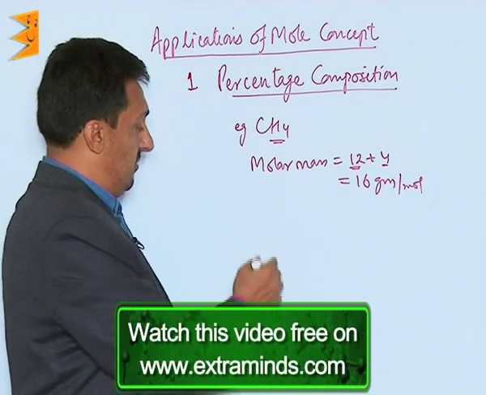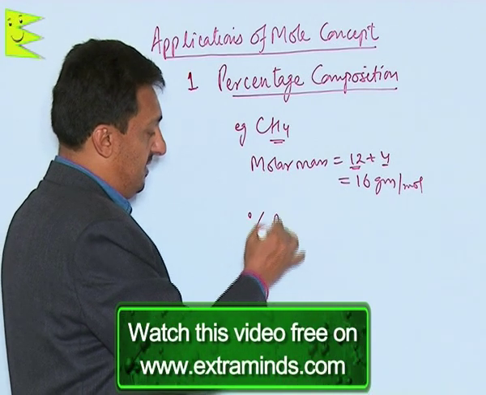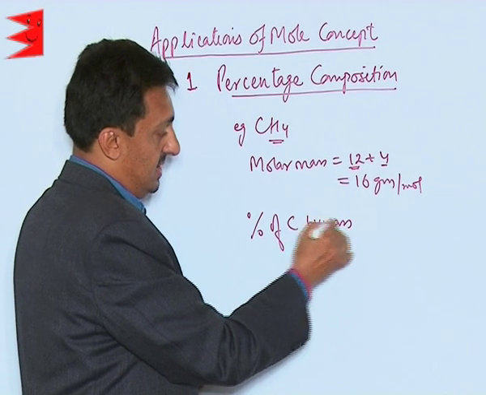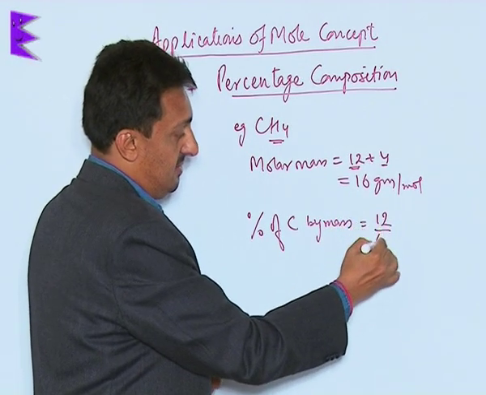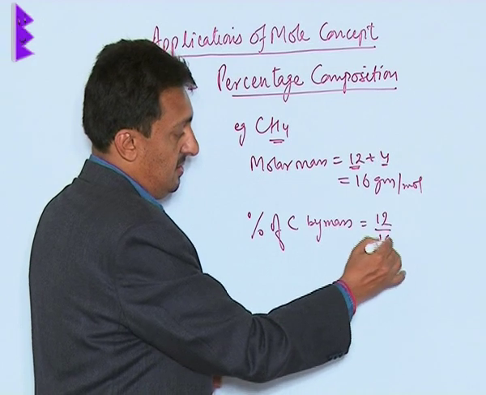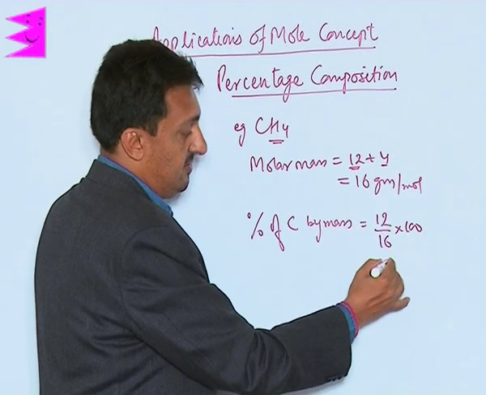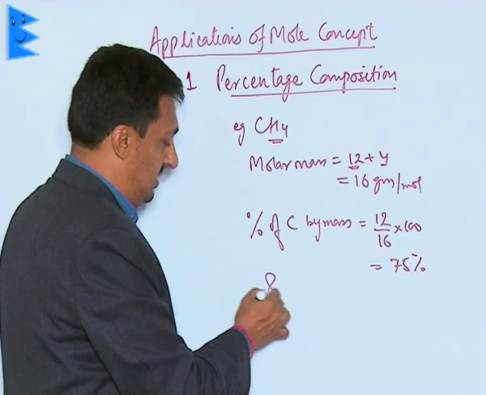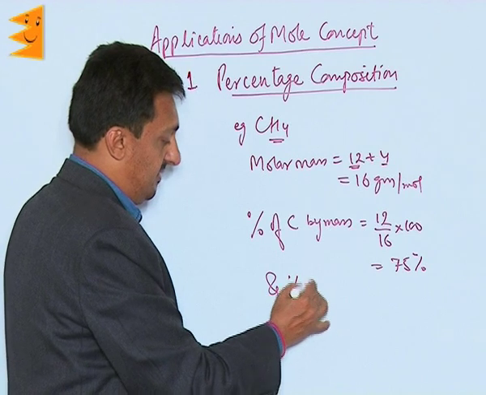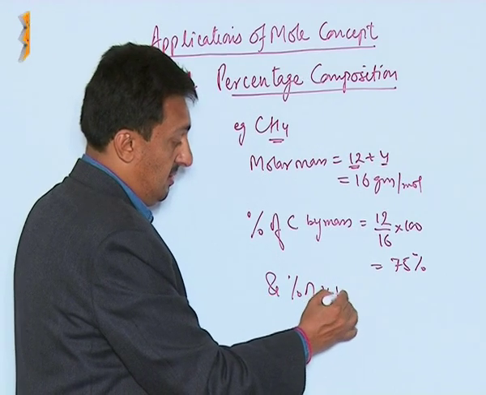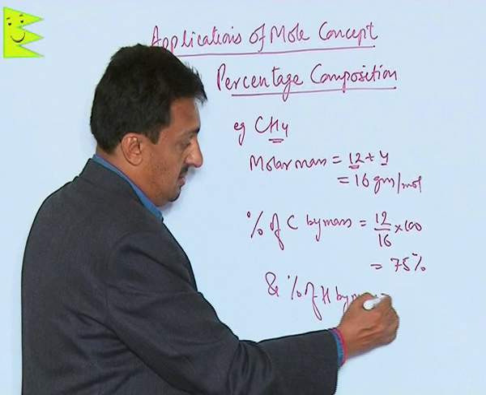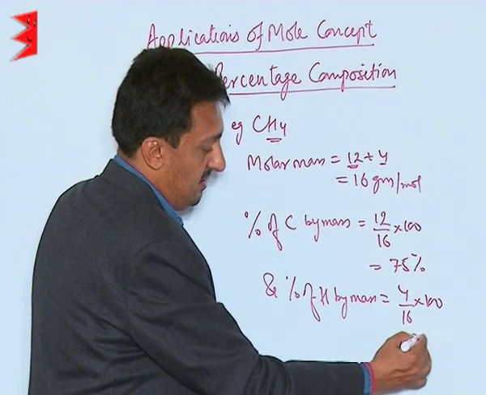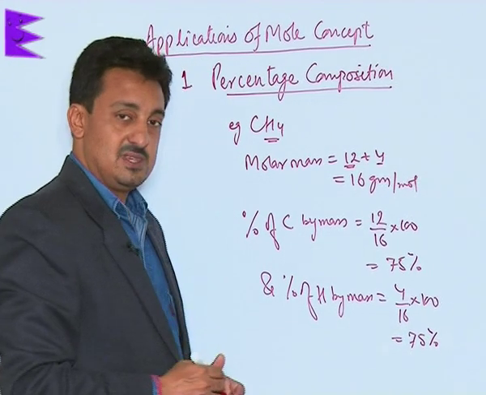Now we can find the percentage of carbon by mass. It is 12 by 16 into 100, which comes out to be 75%. And similarly, the percentage of hydrogen by mass will be 4 by 16 into 100, that will be 25%.